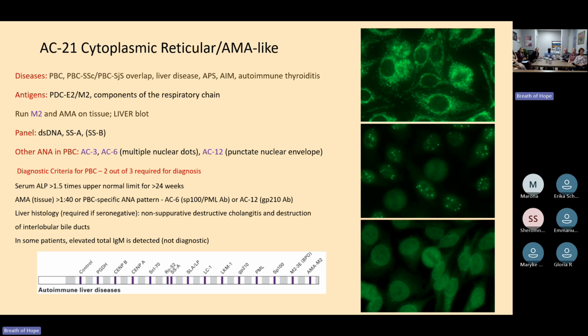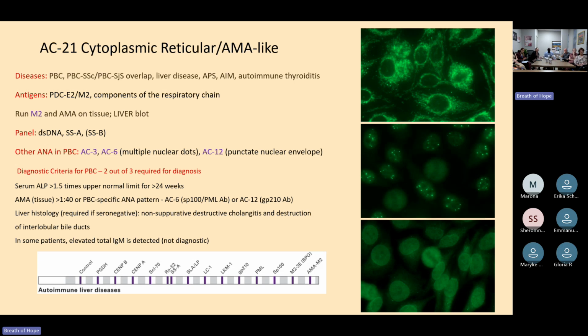And then cytoplasmic reticular, this is your AC21 pattern, the one that we see with PBC, okay? So you'll see it's a reticular kind of fluorescence, like a web-like fluorescence of the cytoplasm. And then there are other patterns that are also associated with PBC. We've mentioned AC3 already, but you can also find it with AC6 multiple nuclear dots and then with nuclear membrane patterns.